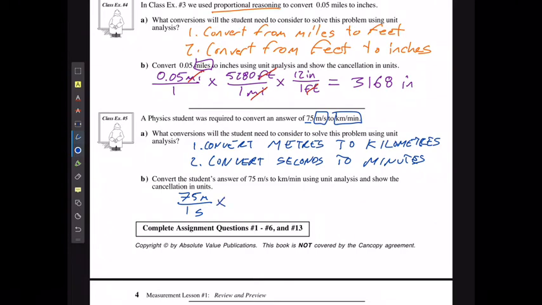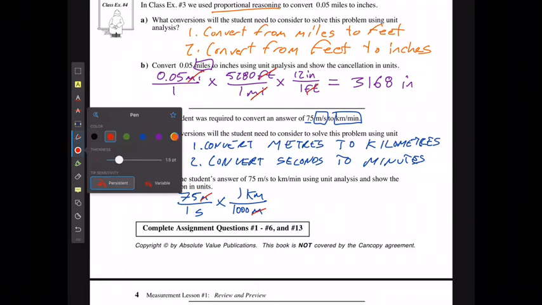Now I'm going to convert those meters to kilometers by saying that I have 1 kilometer over 1,000 meters. And my meters will cancel out, and now I'm just left in kilometers with seconds on the bottom.